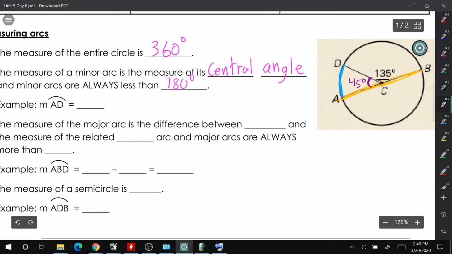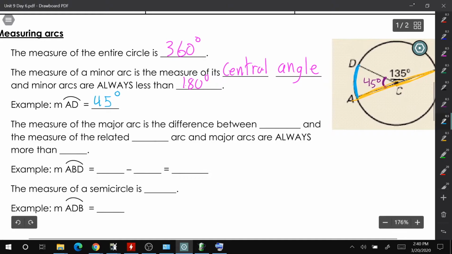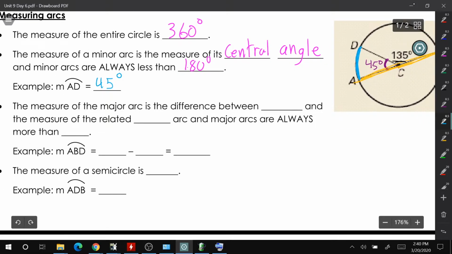So since the measure of the central angle is 45 degrees, the measure of this arc is also 45 degrees. Now the measure of the major arc is the difference between 360 and the measure of its related minor arc, and it's always more than 180 degrees.